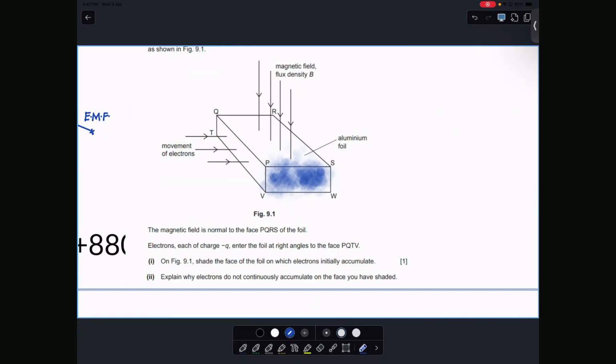And the electric field is going to act which way on the electron? Towards this face or towards the other face? Other face, right? So what will happen? The electrons will start to do this. And as they're doing this, at one point they'll start to move that side, because who's taking them that side? The electric field. But as they start to go that way, isn't the electric field getting weaker? Because the electrons are moving away. So at one point, they'll attain what? Equilibrium. That's when you get the Hall voltage.